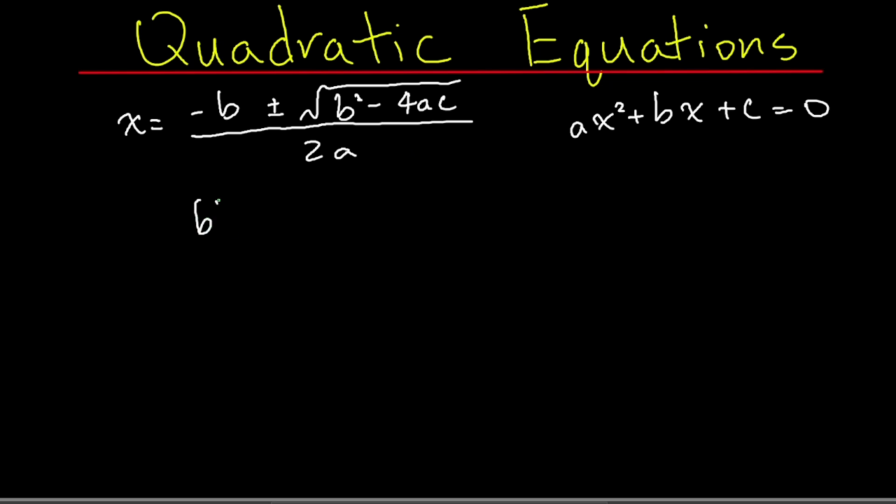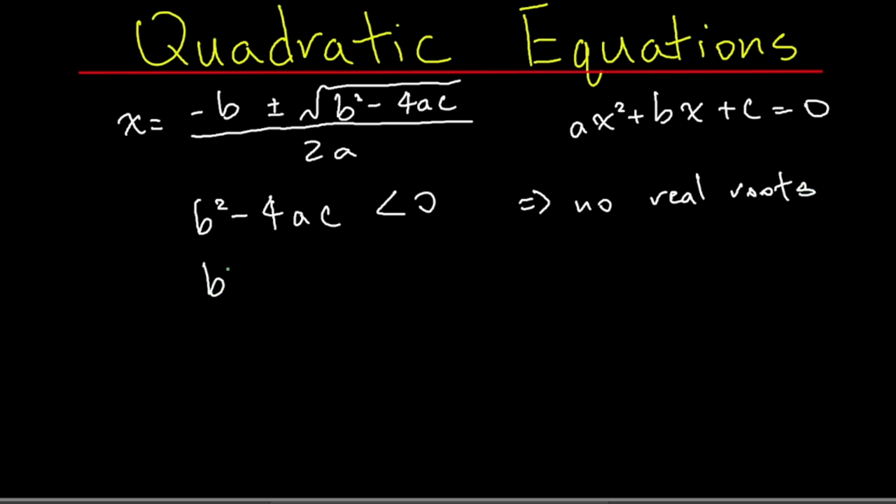However, we have to make sure that b² − 4ac must be greater than or equal to 0 for this quadratic equation to have real roots. So that means that if this is smaller than 0, this quadratic equation has no real roots.